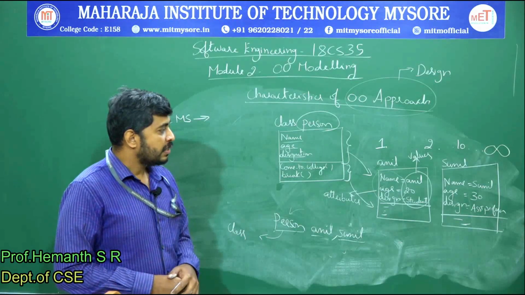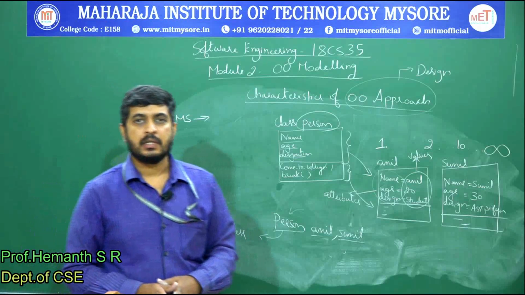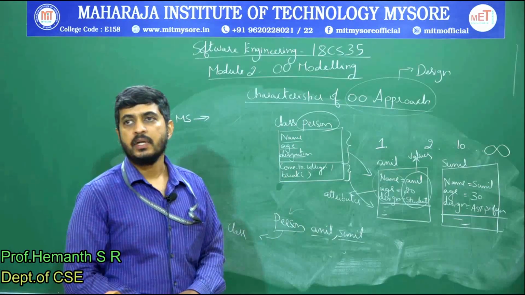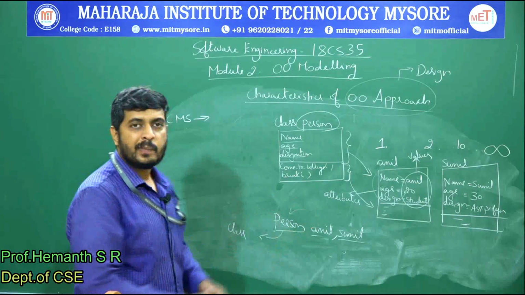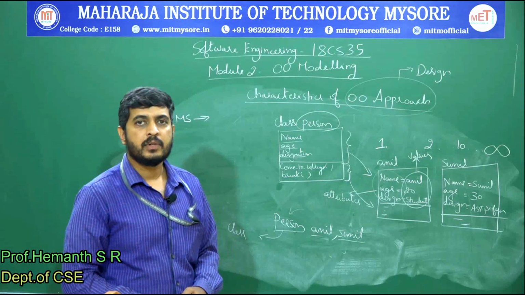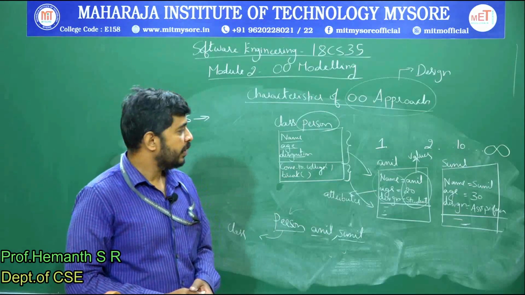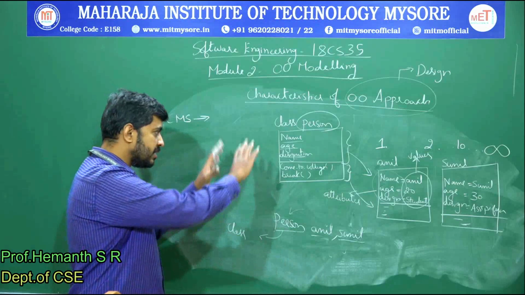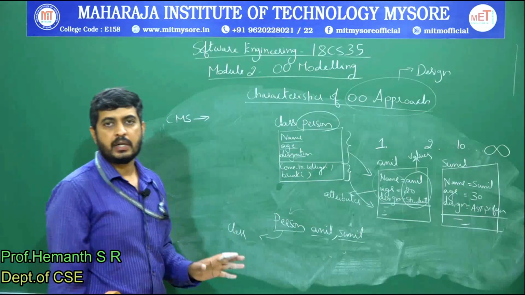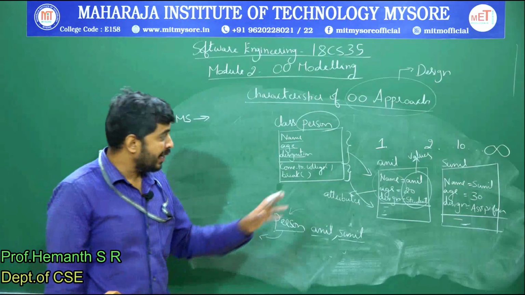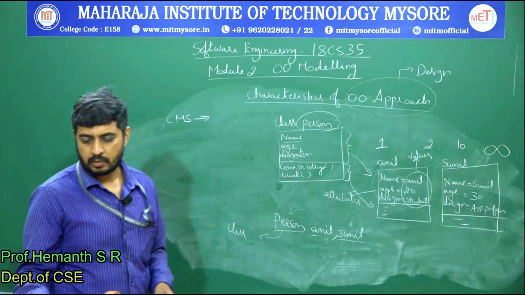As I mentioned in the previous session, if your design itself is based on object oriented principles, then the transition to implementation will be very easy. Life during implementation will be easy because our complete design is object oriented. That is one of the major benefits that I highlighted in the previous session.